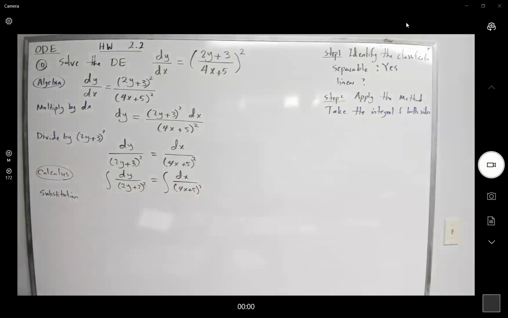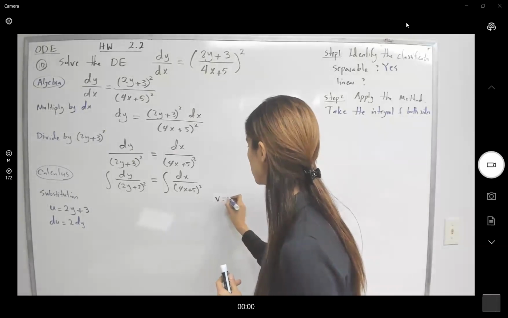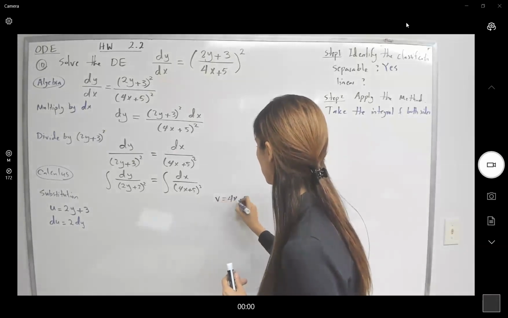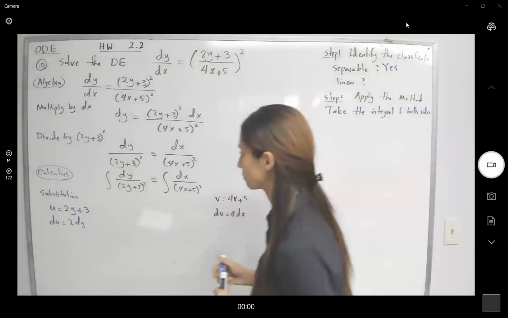Substitution. Well, for the first one, you can say that my u is equal to 2y plus 3, so du is 2 dy. And for this one here, you can say that my v is equal to 4x plus 5, so my dv is 4 dx.